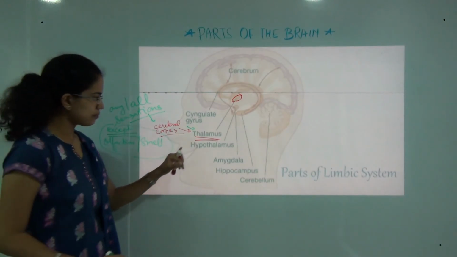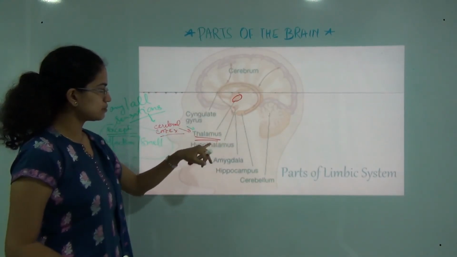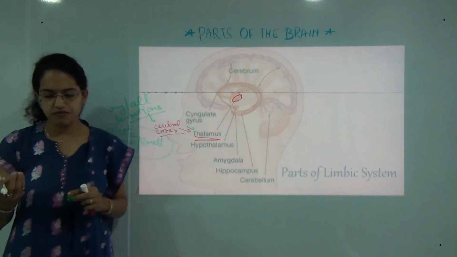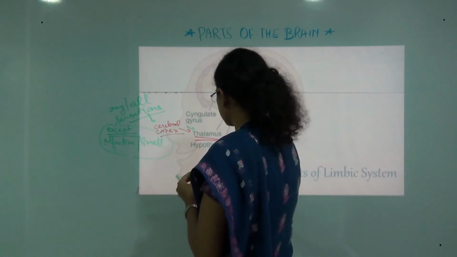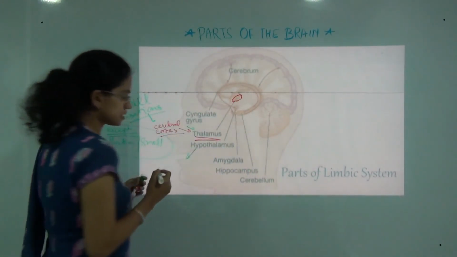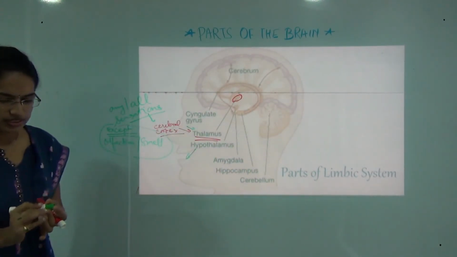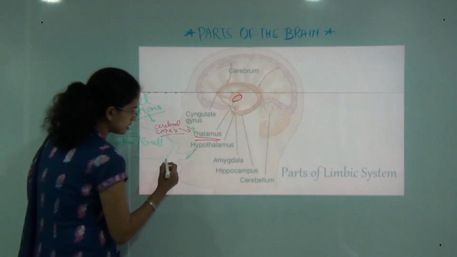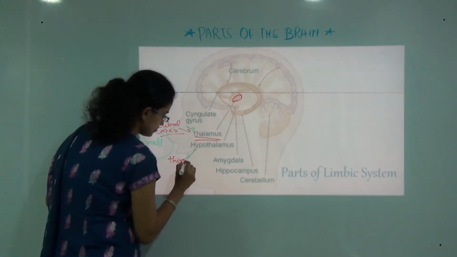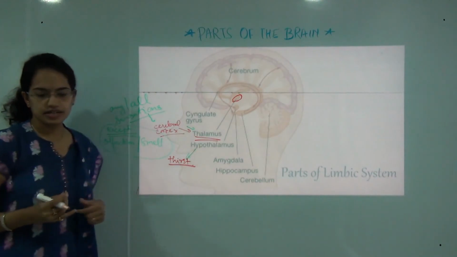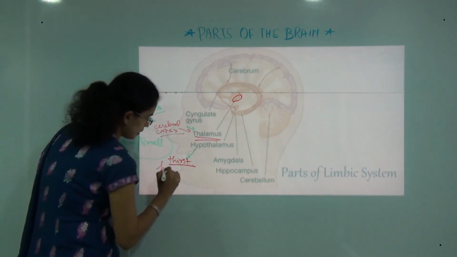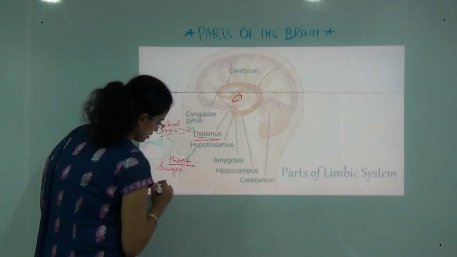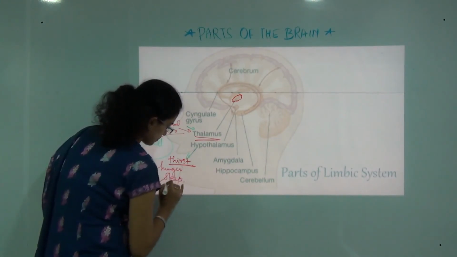Next is the hypothalamus. It's located just below the thalamus. It's a very small part of the brain. The main functions it's responsible for are body thirst, which is a very important part of the hypothalamus, hunger, and sleep.